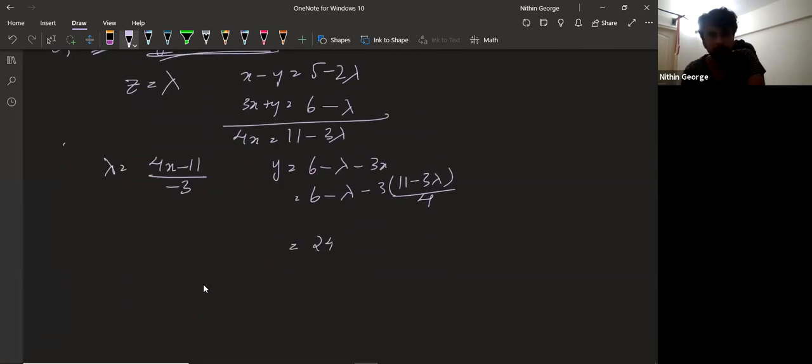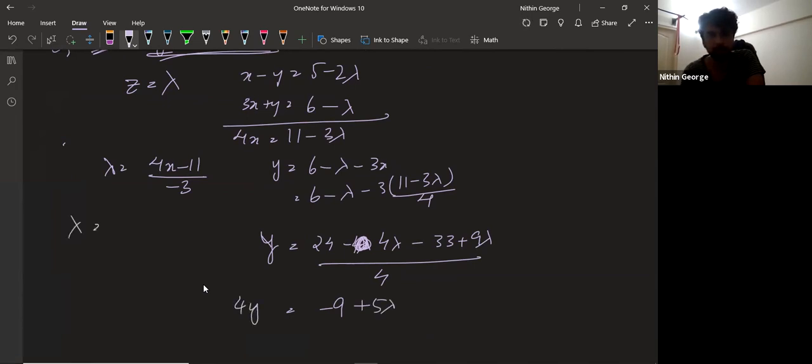Get this as 24 minus 4 lambda minus 33 plus 9 lambda by 4 for y. So 4y can be written as minus 9 plus 5 lambda. So here I can write lambda as 4y plus 9 divided by 5.